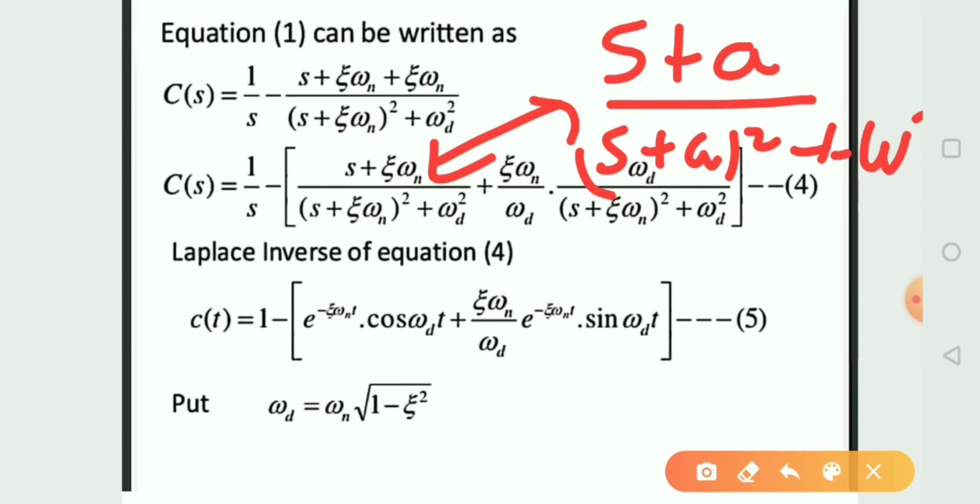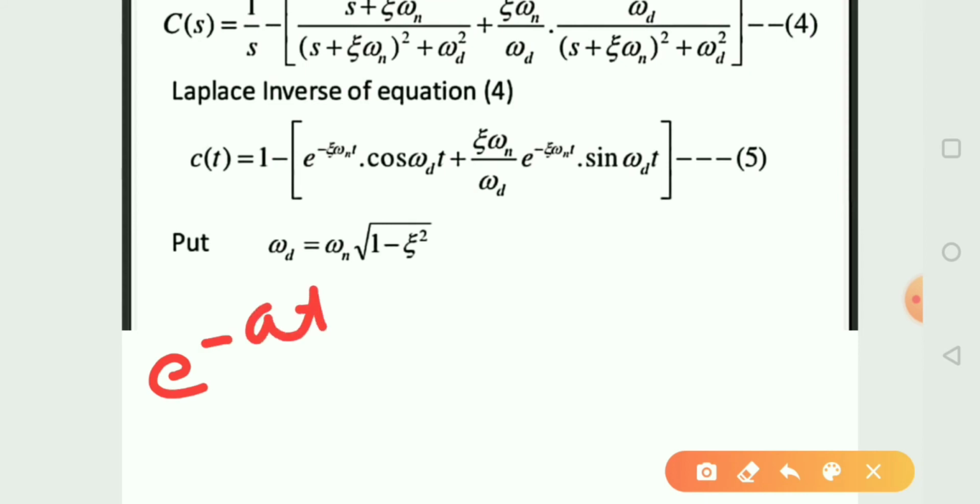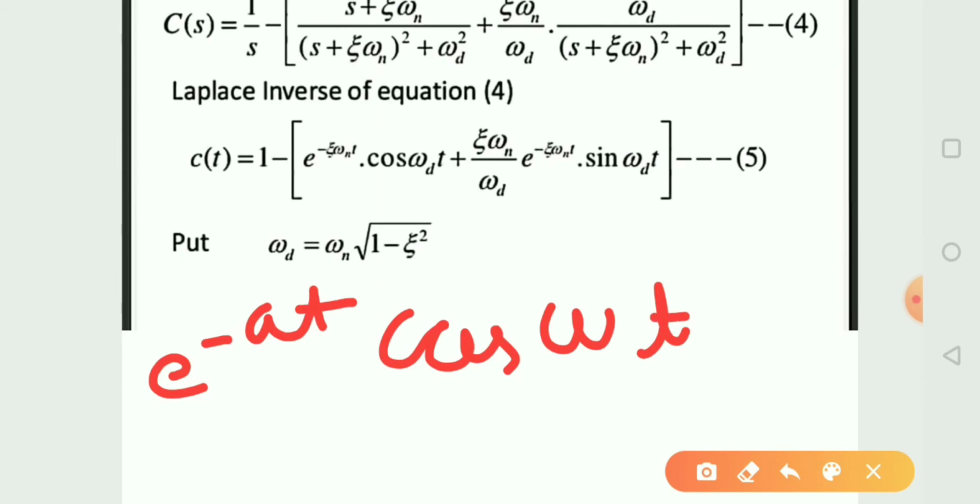So the formula for (s + a) over (s + a)² + ω² is e to the power −at cos ωt, and here a is ζωn and ω is ωd.